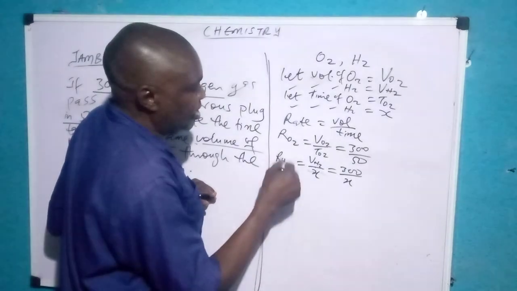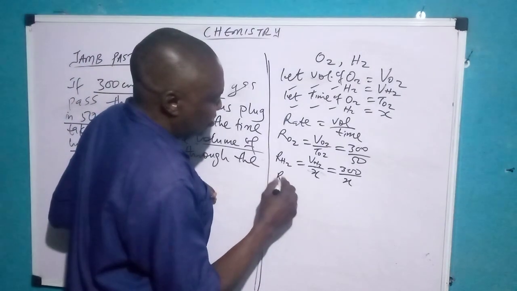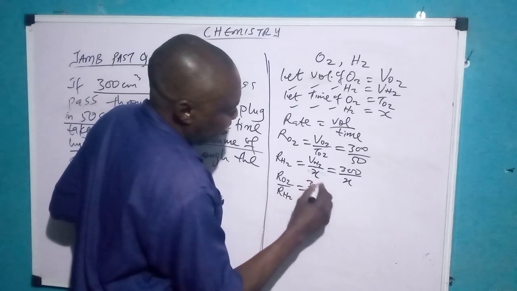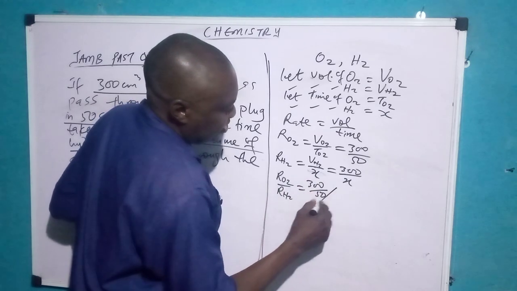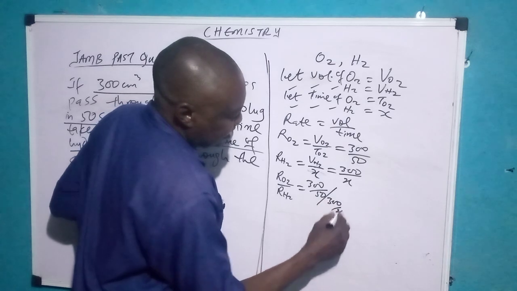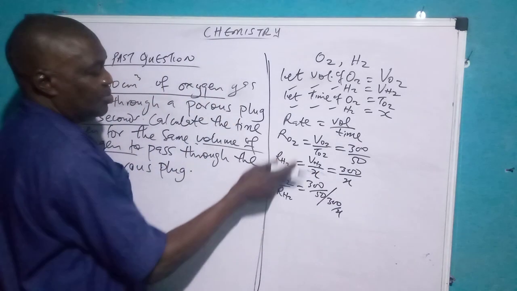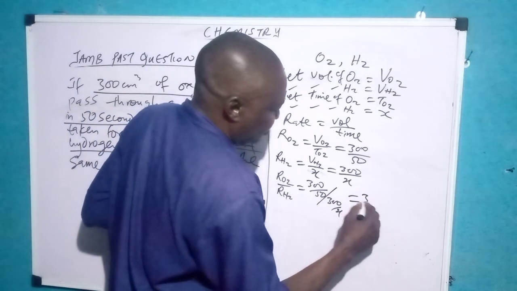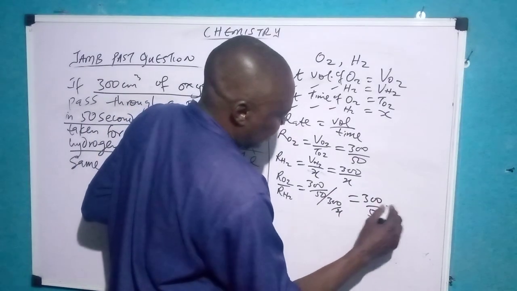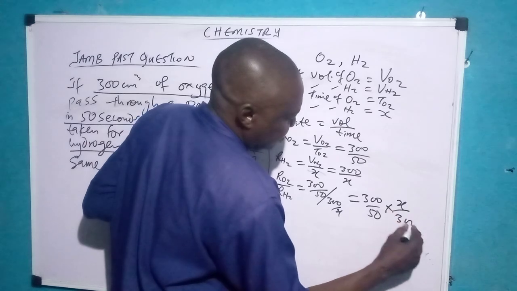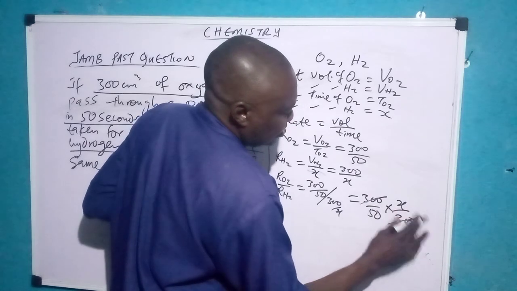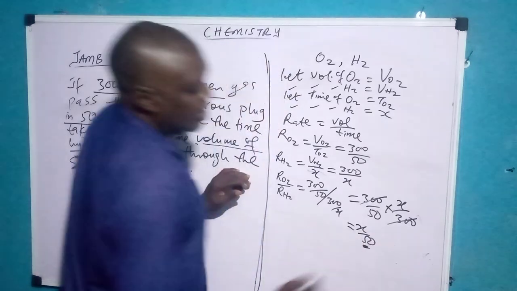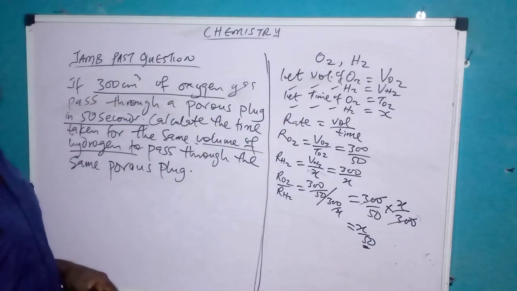There's a relationship, which is rate of O2 over rate of H2 equals 300 over 50, everything over 300 over X. You are dividing this by this. That automatically becomes 300 over 50 times X over 300. 300 cancels 300. You now have X over 50. But you don't know what X is. We are always looking for X.